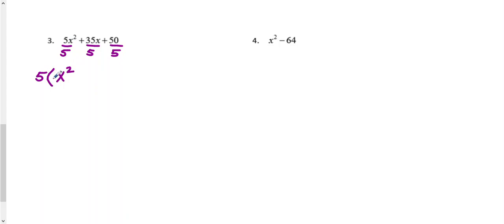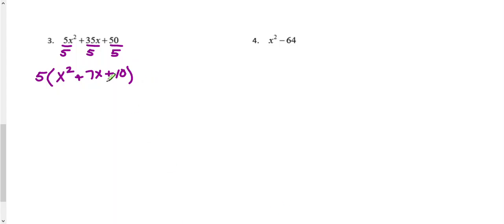And since there's no longer a number in front of x squared, that means I'll end up being able to use my trick here. So x squared, and then plus 35 divided by 5 is 7, and it has the x. Then 50 divided by 5 is 10.